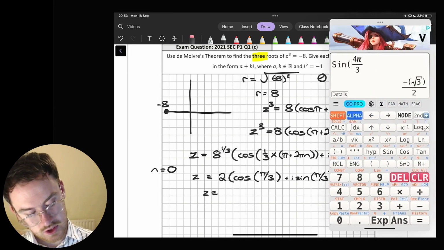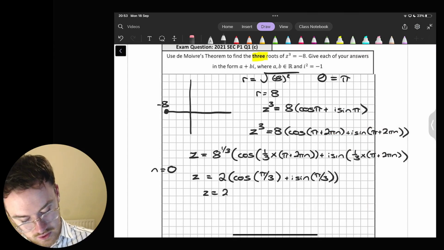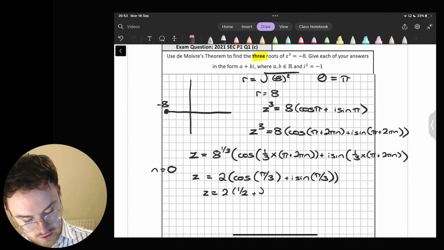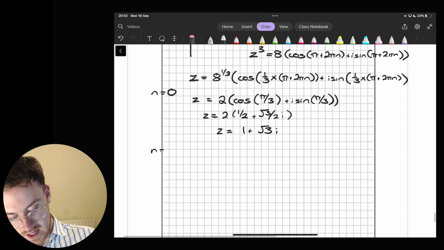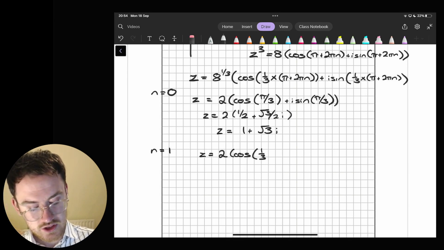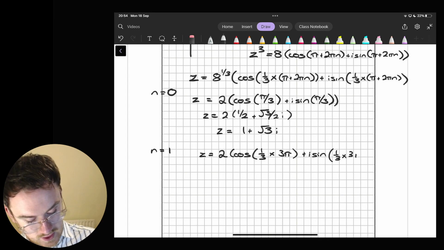And as per usual, we can compute those values. Cos of pi over 3 gives me a half, so it's 2 times a half, and sine of pi over 3 is root 3 over 2. Computing those values, we get 1 plus root 3 i. Next, going n equals 1, z equals 2 cos, and let's have a look at this one. It's a third multiplied by pi plus 2 pi, which is 3 pi, and the same thing here, i sine a third times 3 pi.